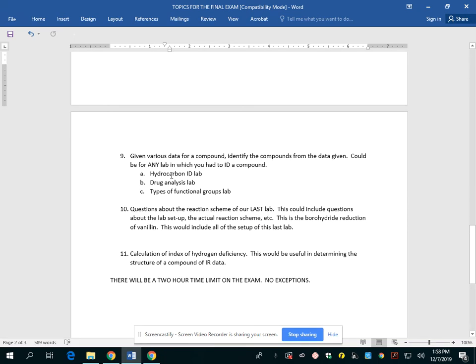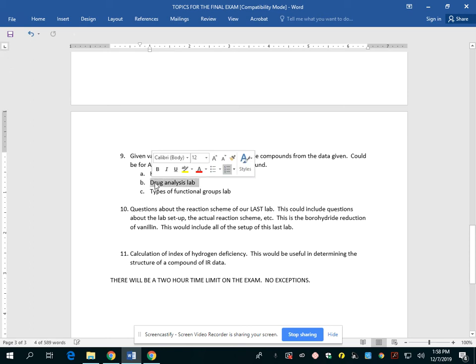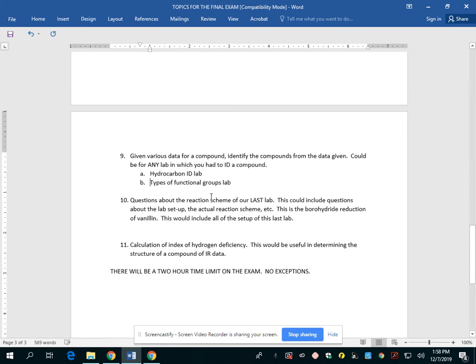Obviously, I'll give you some fake setup data from like the hydrocarbon ID lab and the drug. Oh, we didn't do the drug analysis lab, so let's take that one out. In the functional group lab, I'll give you some setups on those, and you can use the charts that were in those experiments to look up a compound and ID it based upon its density, its refractive index, and its boiling point.